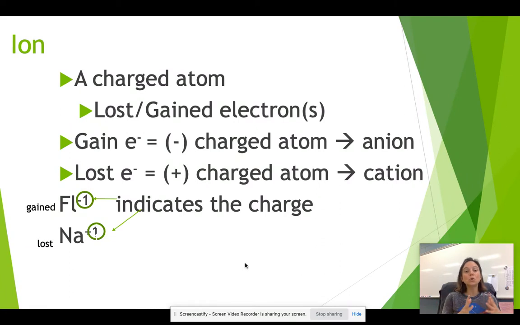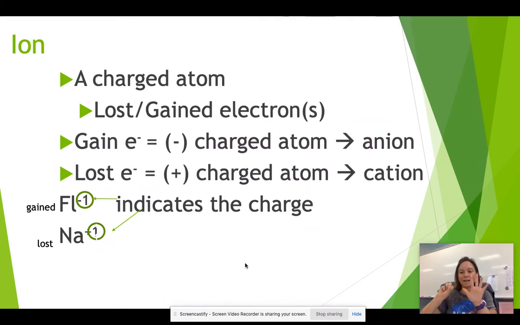Now, if I lose a negative charge, then I'm going to become positive because I now have more positives than negatives. So let's look at this example of 5 and 5. This 5 and 5 arrangement would be boron. Boron has 5 protons and 5 electrons, and they cancel out, so neutral charge.